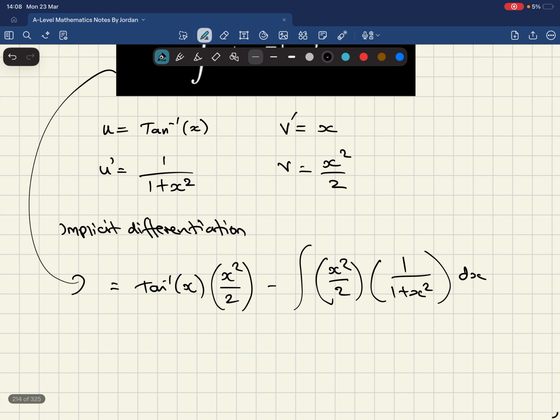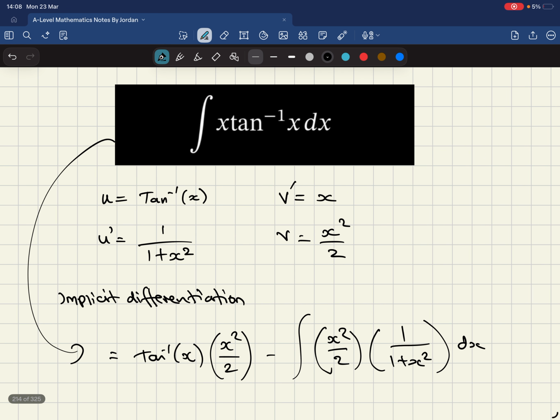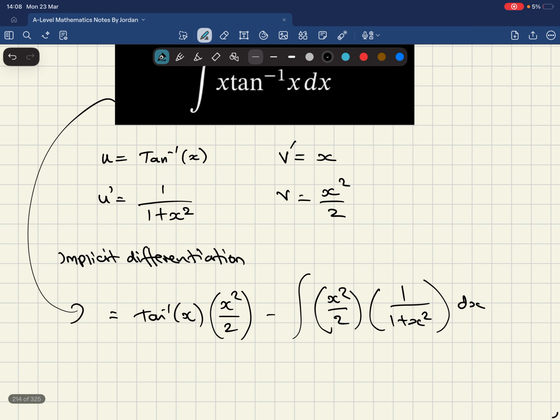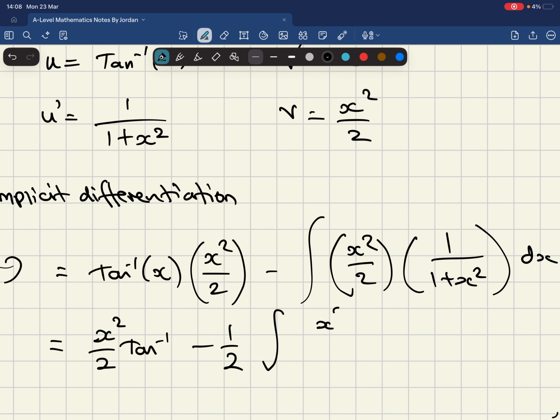Great. So I'm just rewriting and simplifying. I can take that half out at the front, and then I just end up with x squared over 1 plus x squared.